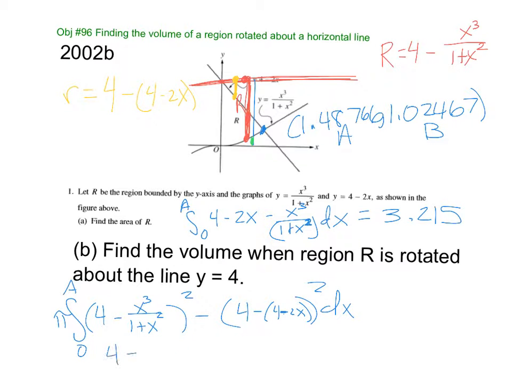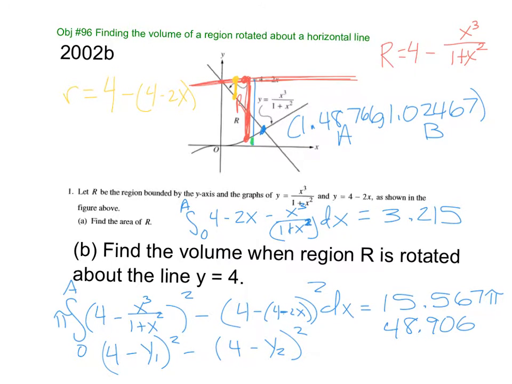Typing in your calculator 4 minus y1 squared minus 4 minus y2 squared will make far fewer errors than typing out the whole function. So this is really the reason I wanted to get you into the practice of that. You mess one tiny thing up and you get the wrong answer, which is really frustrating. So I got 15.567 pi, which is 48.906. And that's it.